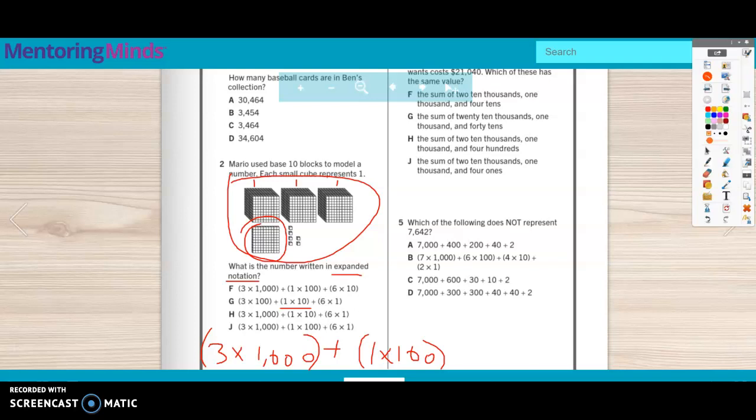I'm not sure why. Another common mistake people make is the ones place. Because I have 6 ones, that should be 6 groups of 1 instead of 6 groups of 10s. So the correct answer should be 3 groups of 1,000, 1 group of 100, and 6 groups of 1. J is your correct answer.